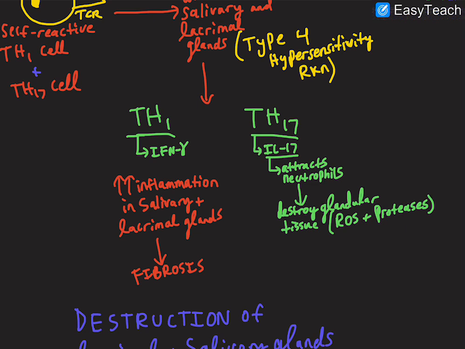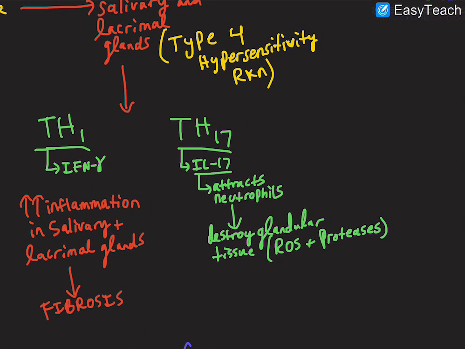In this case, we're talking about the salivary glands or your lacrimal glands. So more macrophages means more inflammation, right? And if you have continued inflammation like this over and over, you start to get fibrosis of your lacrimal glands and your salivary glands.